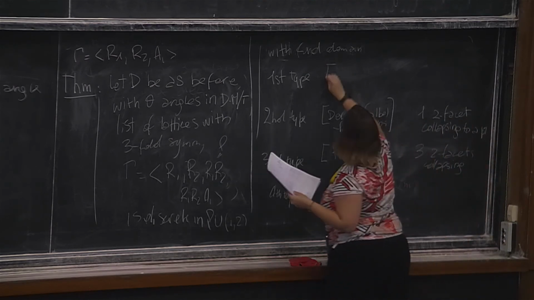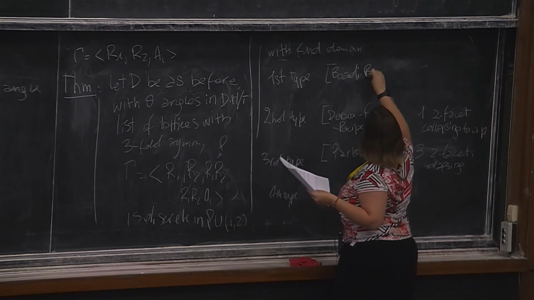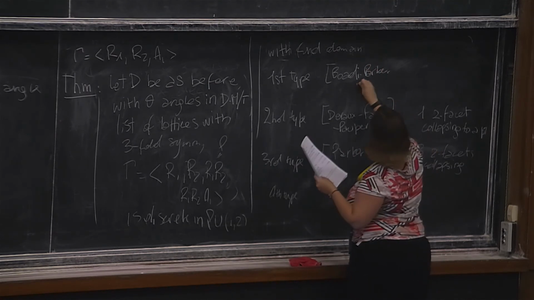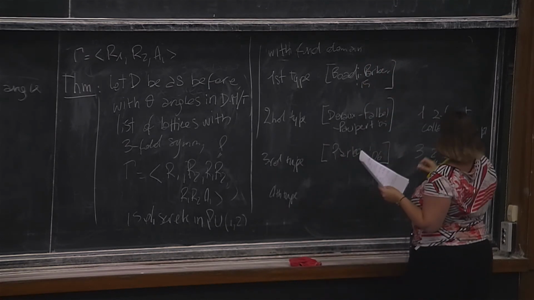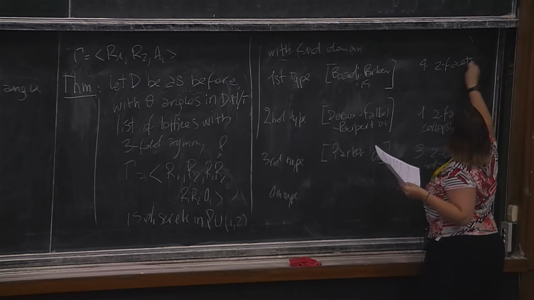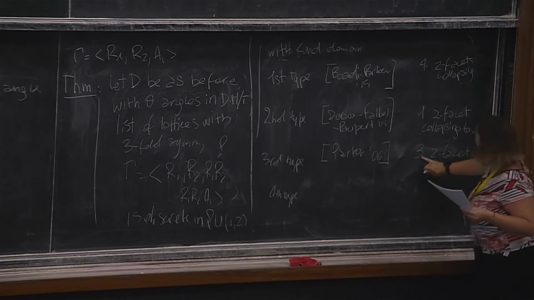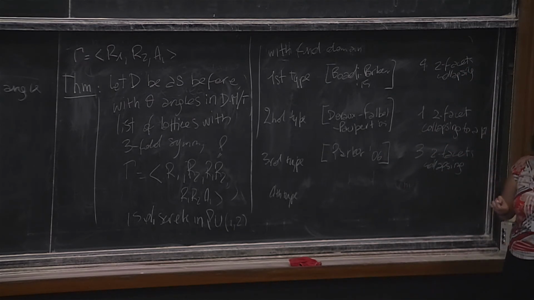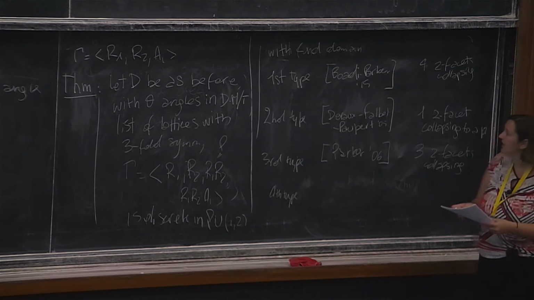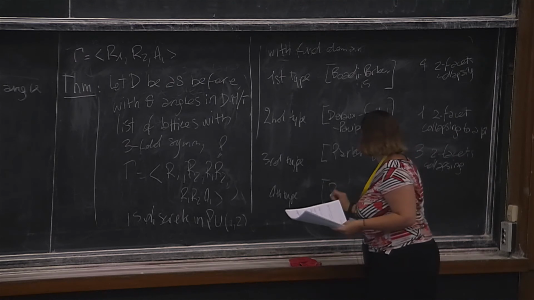And then Boadi and Parker in 2015, similarly, for two facets collapsing to a point. And they're actually those three, this one. And that's where I started working on the topic. And I started looking at this other case.